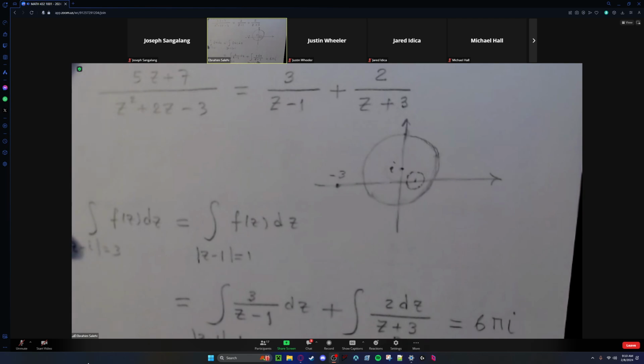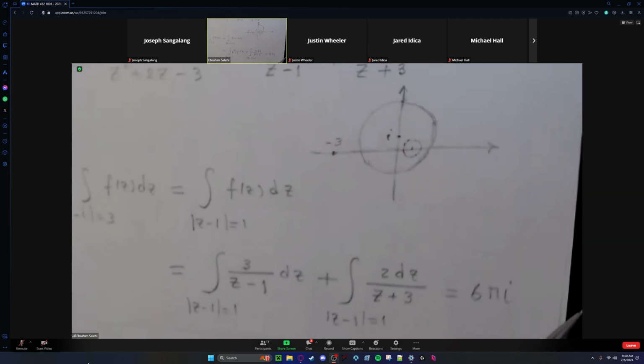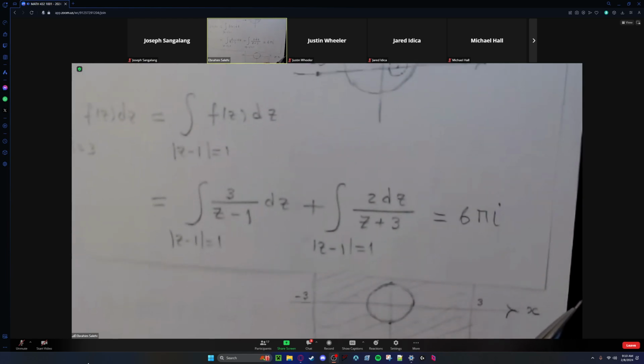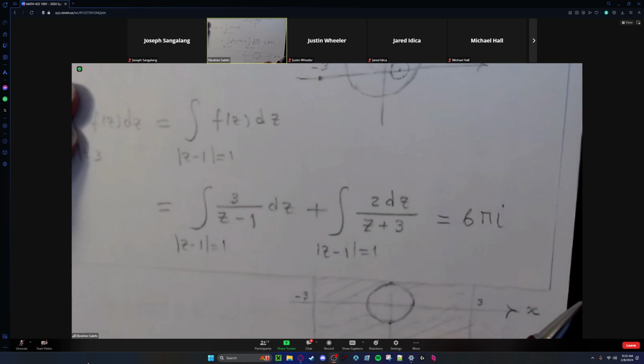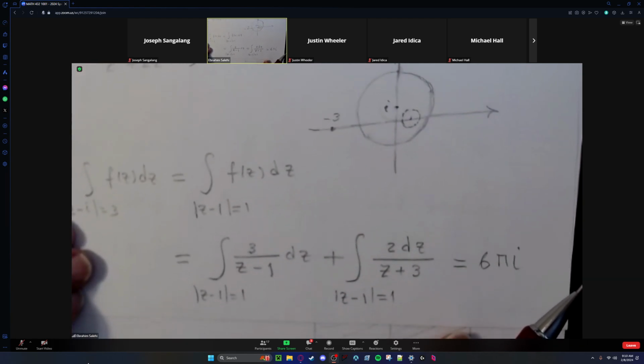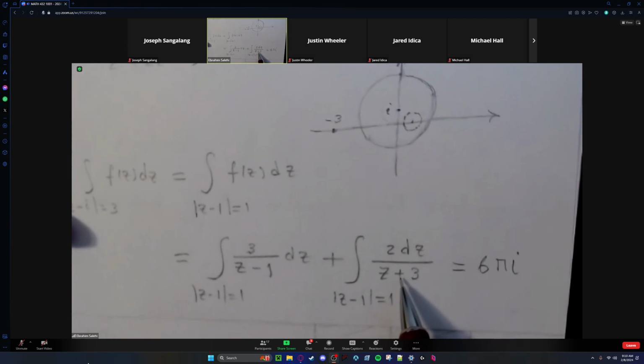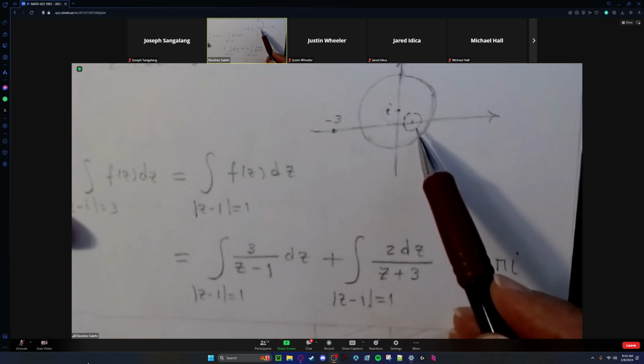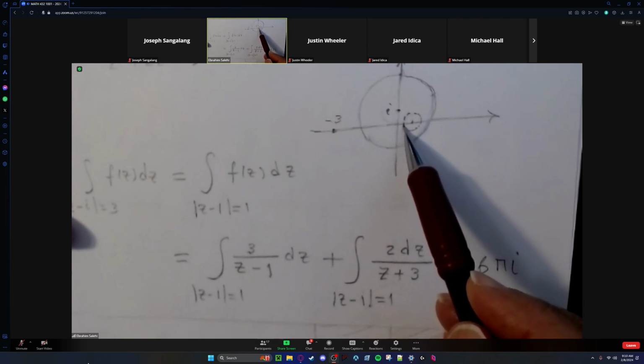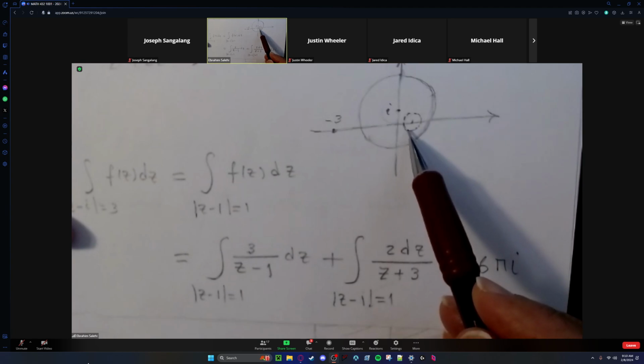But this one, we are integrating a function, 2, doesn't matter, divided by z plus 3, over this closed curve. The closed curve is this one. Okay?